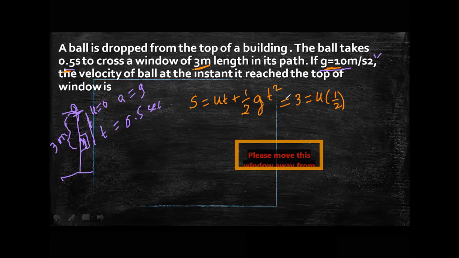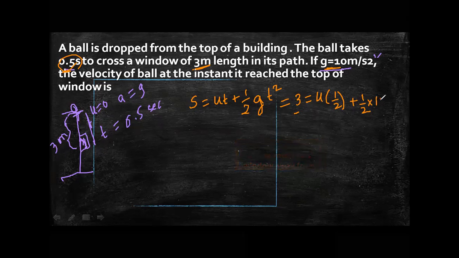So distance, I'm writing here S is equal to 3, right? ut, we have to calculate it. Half T, how much? 0.5 seconds. So you should write it as half plus 1 by 2 g, they mention you have to take 10. T square is again 1 by 2 square, right?